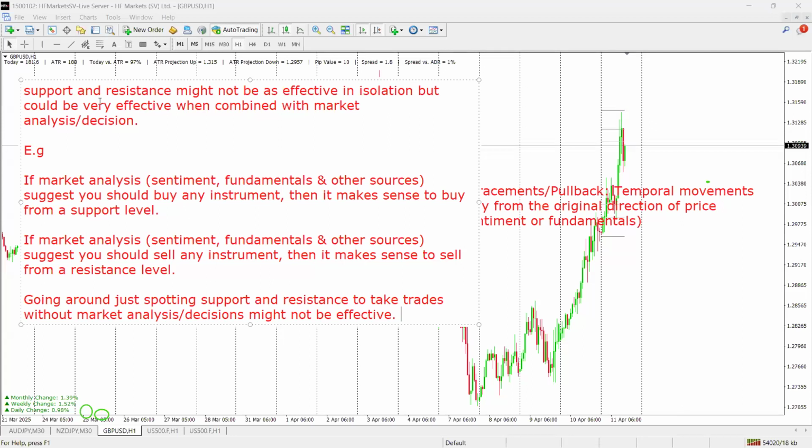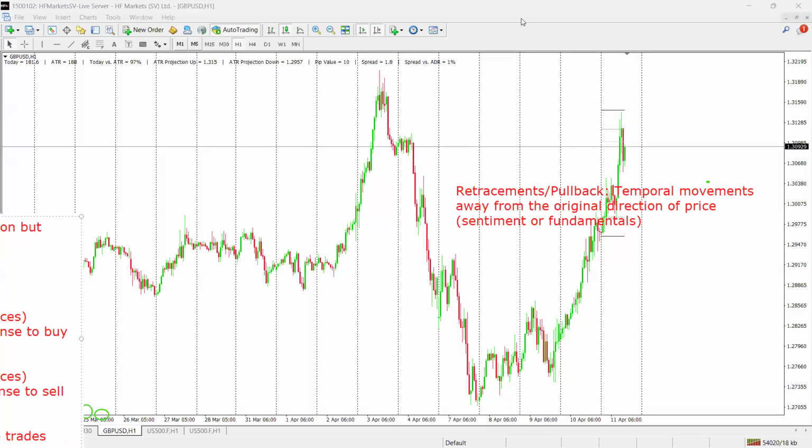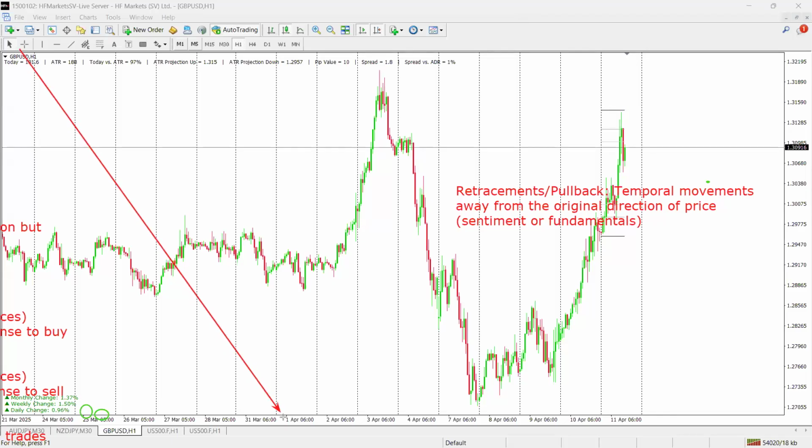Another example is going to be a seller's market, a market whose original direction is downside like this. The market wants to go from here to here. Let me also tell you, this market will not go this way. Ordinarily, we expect it to go this way from the same start.